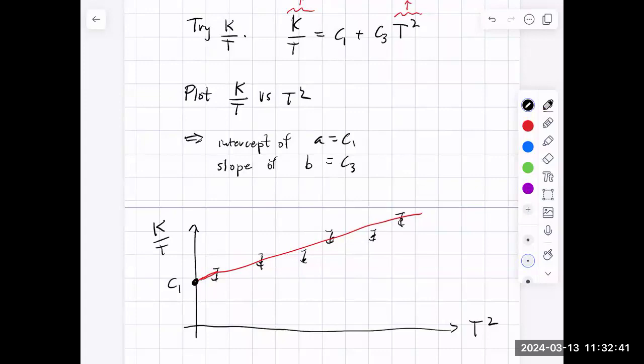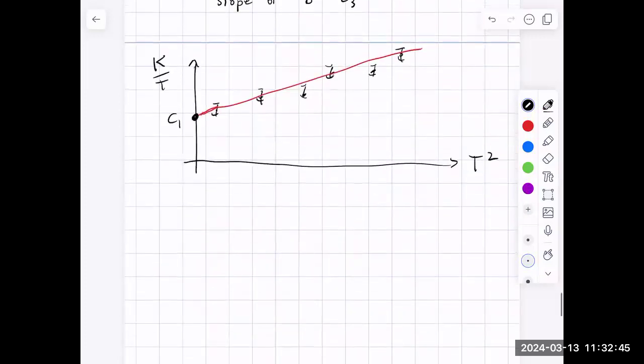All right. I've got a couple more examples here. Another example. This one is going to, again, be from the 232 lab, one of the experiments we do.